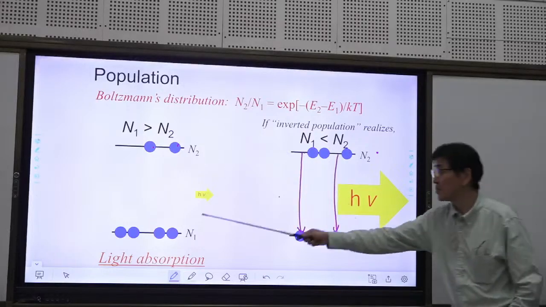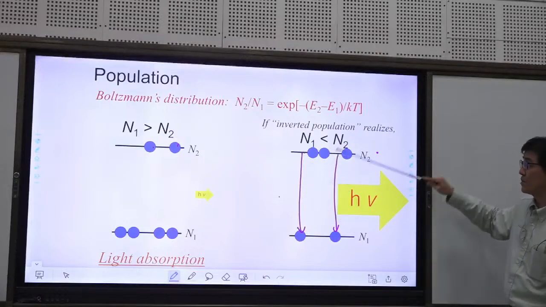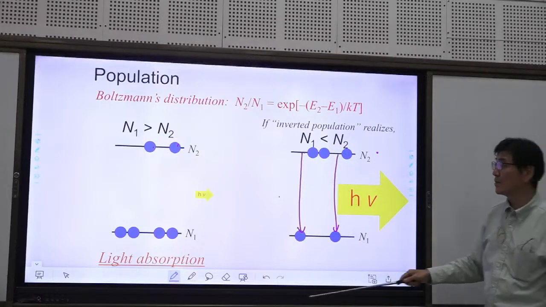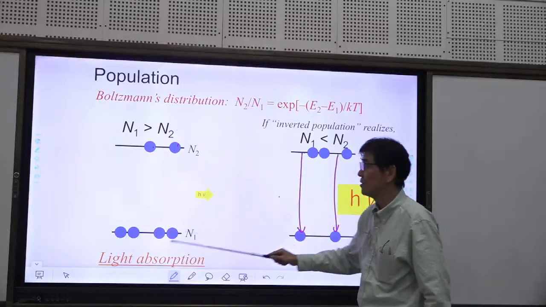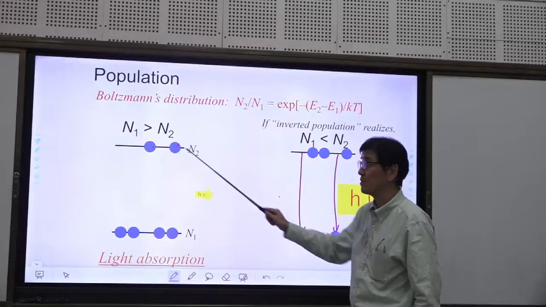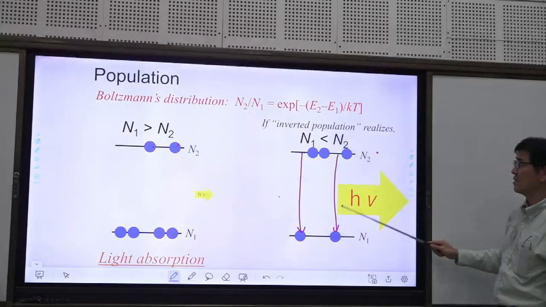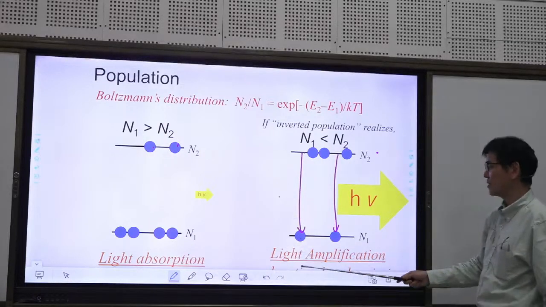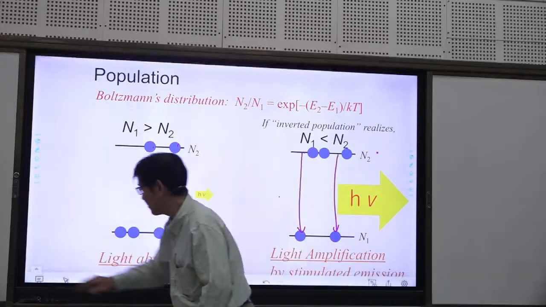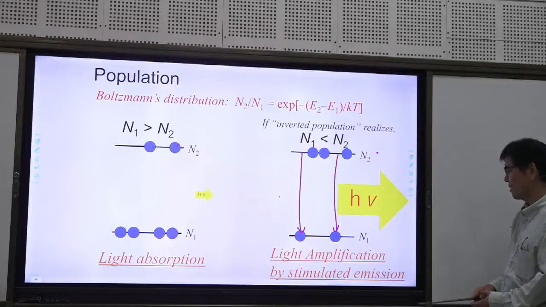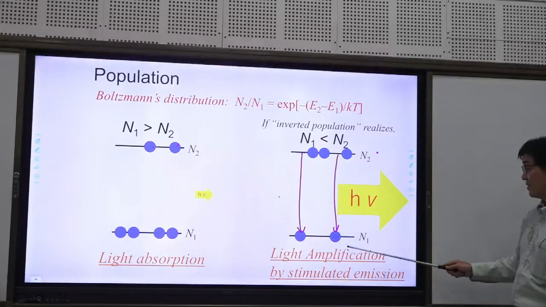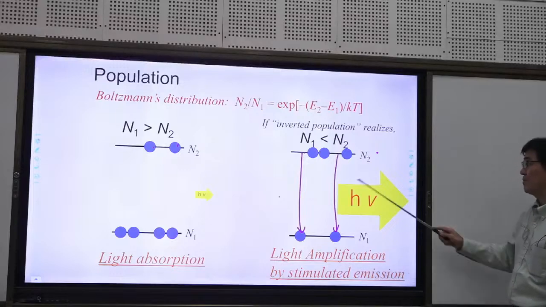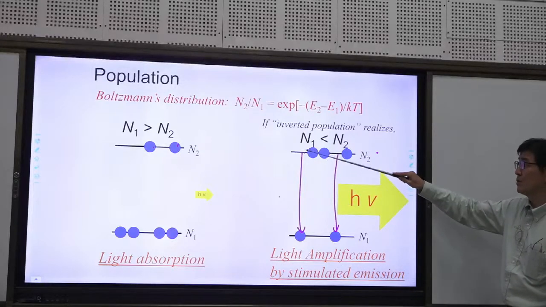Okay, this is the absorption process, and this is the induced emission process. So if we irradiate light to this system, light intensity becomes weaker. In this case, light intensity becomes larger. So this is light absorption. On the other hand, this process is light amplification by stimulated emission. This light stimulates the molecule to move from top to bottom.